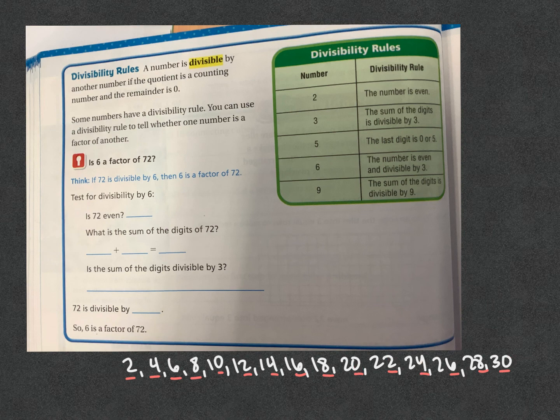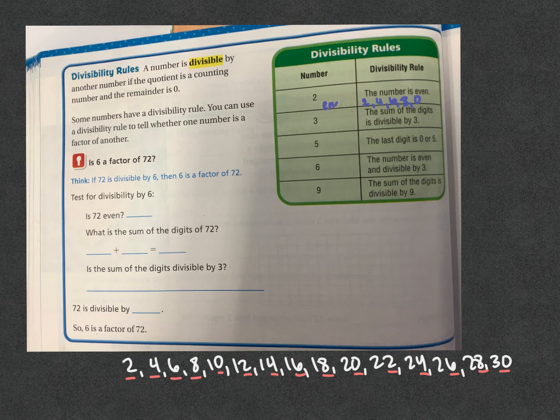So you could remember that 2 will divide evenly into any number that ends with a 2, 4, 6, 8, or 0. In fact, you might want to write that on that page right there. Maybe put the word "ends in" in front of it.